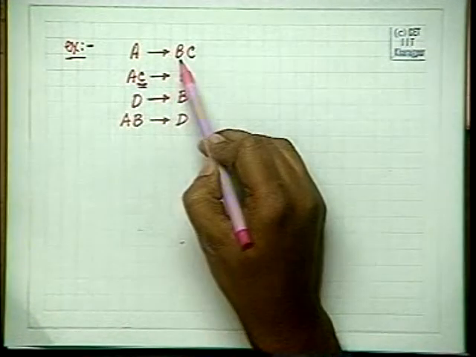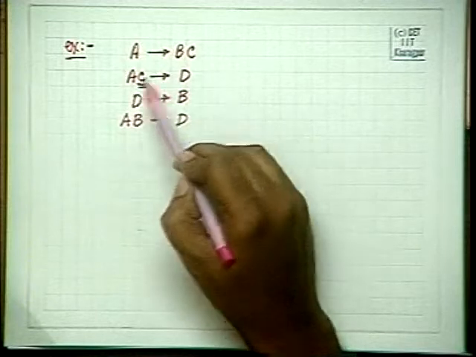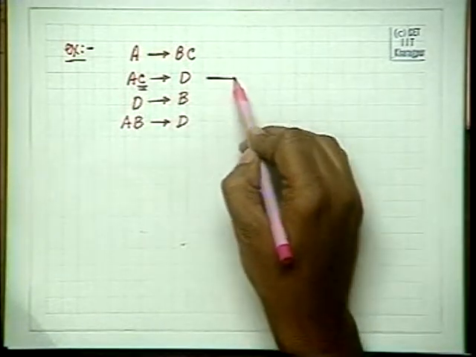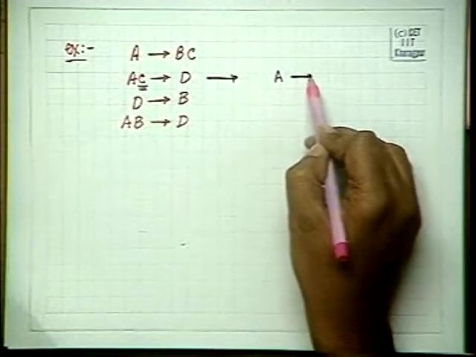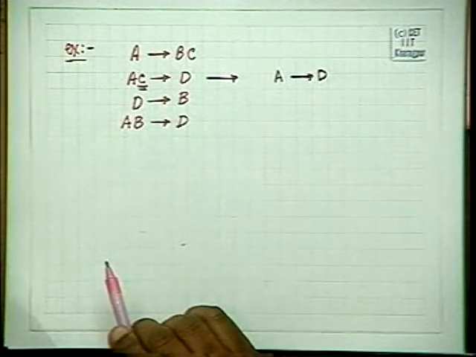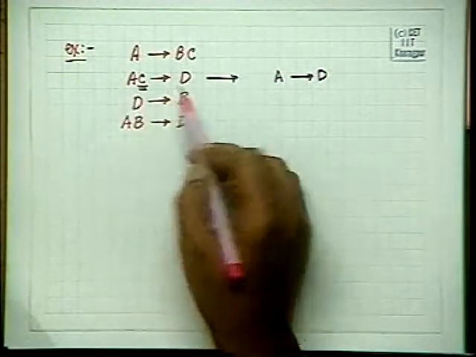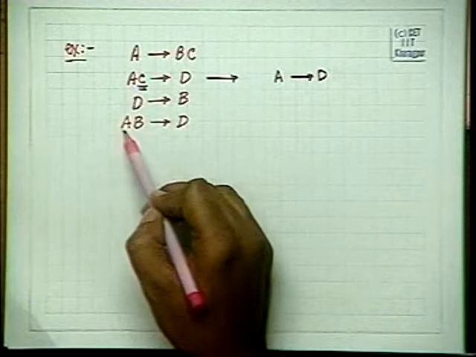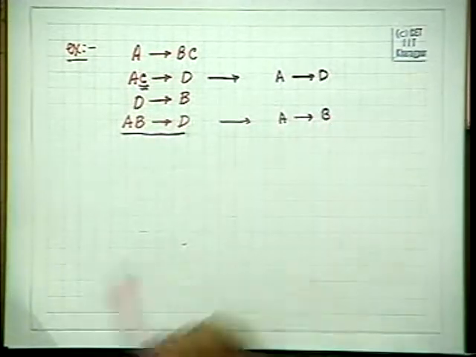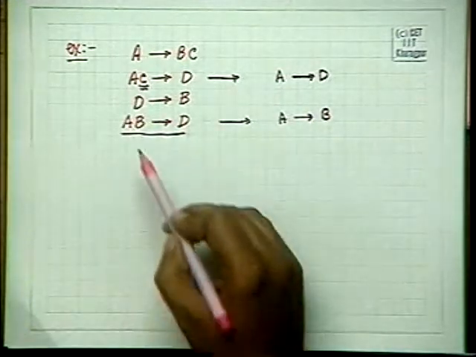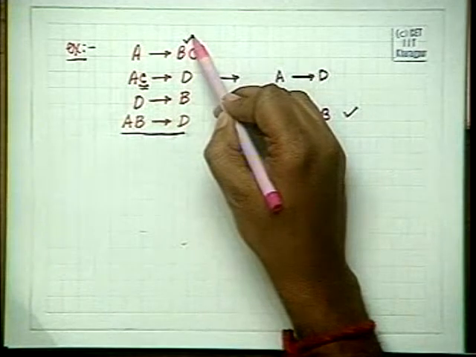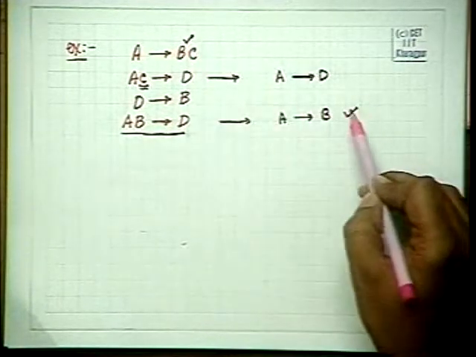A goes to B and A goes to C. AC goes to D. Therefore, we can simplify this and say A goes to D, because A goes to C itself, and if AC goes to D, then A goes to D. Similarly, we can remove this and write A goes to B, and A goes to B is here, A goes to B is also here. So this one is useless.